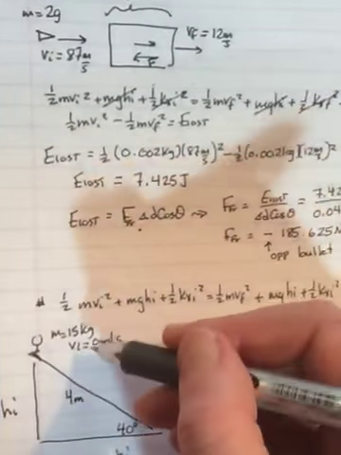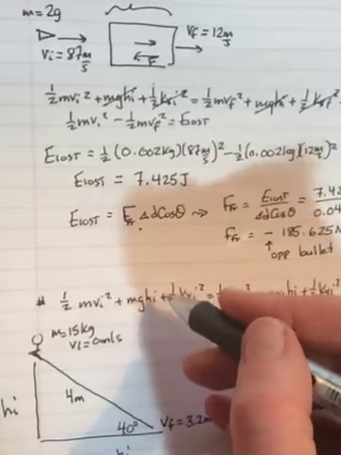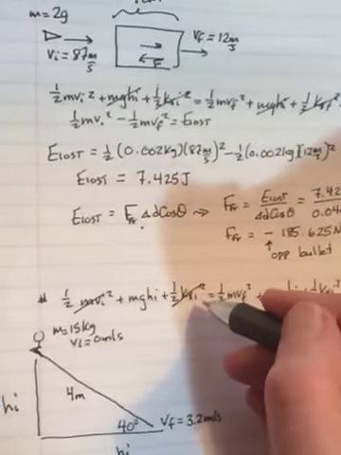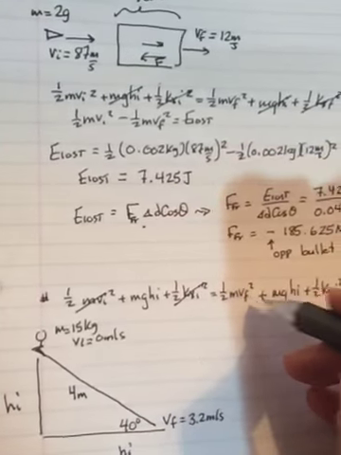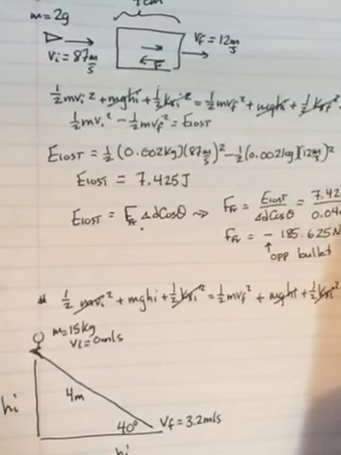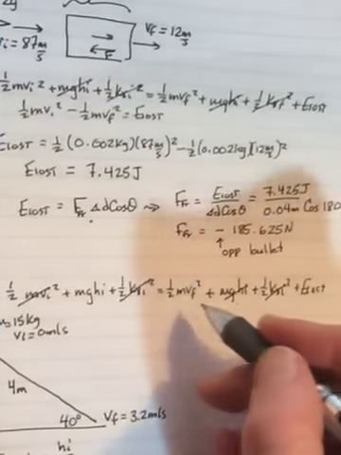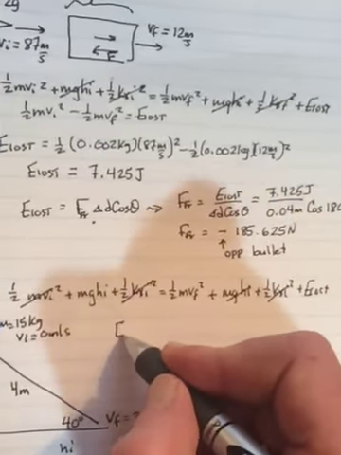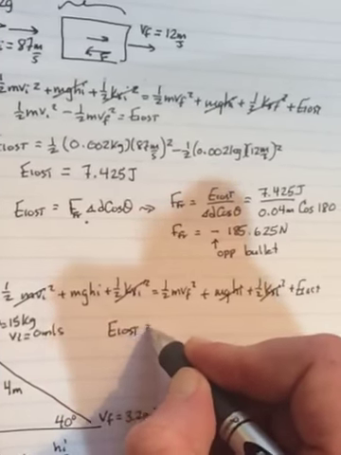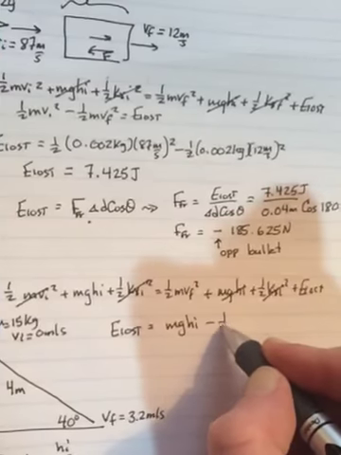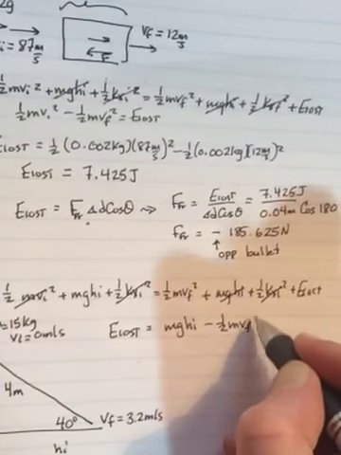All right, so we go to our equation. At the top, there is a speed, there is a height. No speed. There is a height, no spring. At the bottom, there is a speed, no height, no spring, E lost. So you're looking for E lost. So take your speed over. So you'll have E lost is equal to mghi minus 1/2 mvf squared.